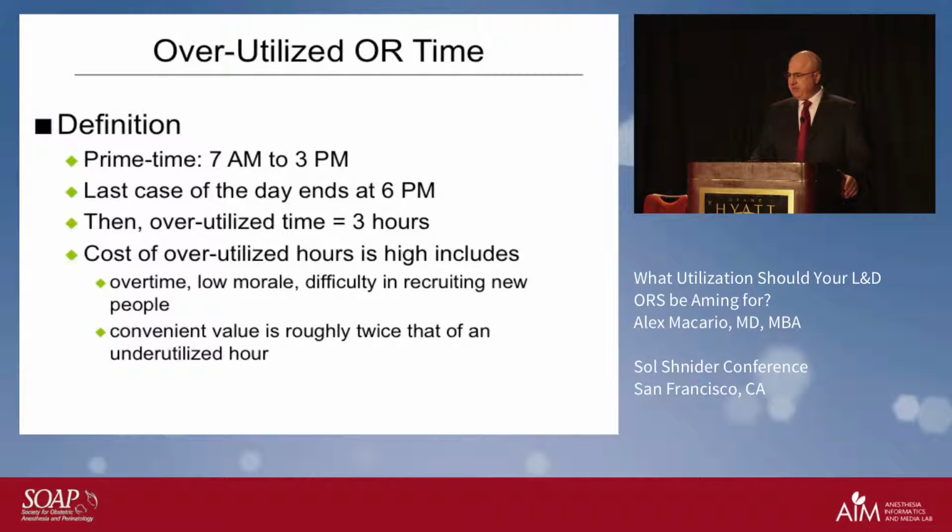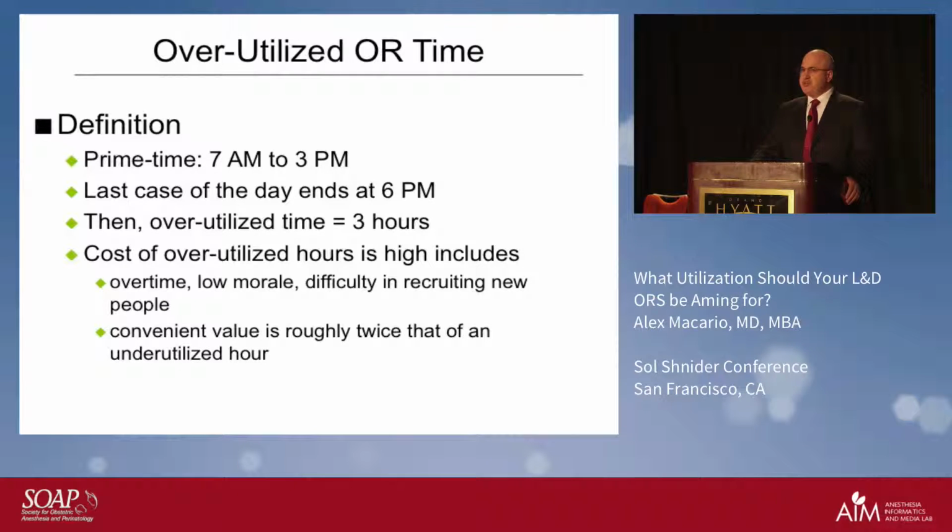So typically, I suggest using a number like twice: a room that runs an hour late costs the system about twice as much as a room that finishes an hour early. And that can vary depending on the facility.